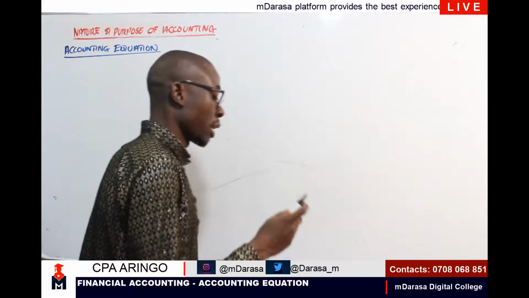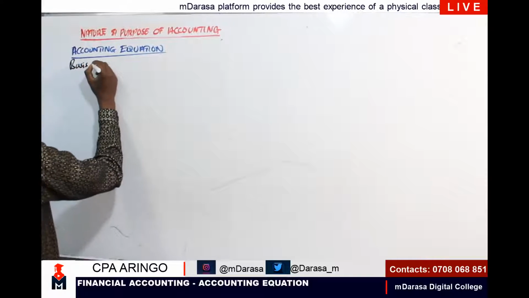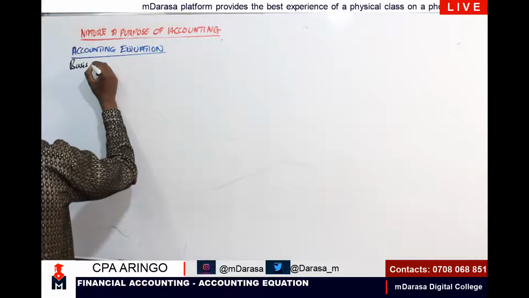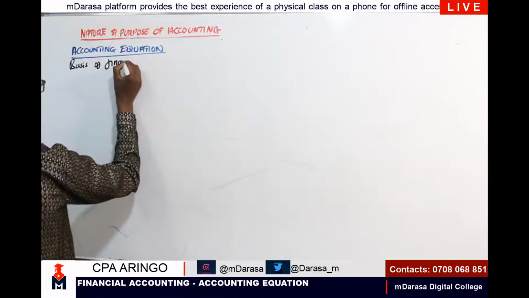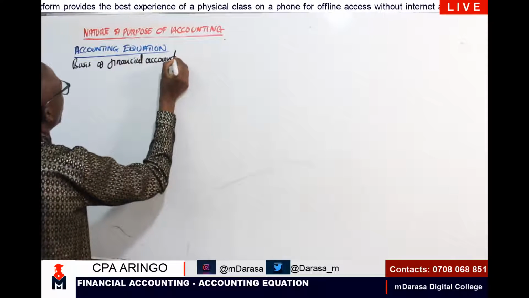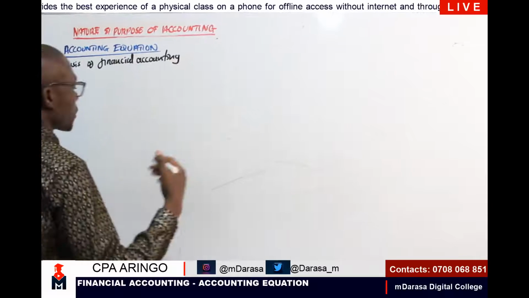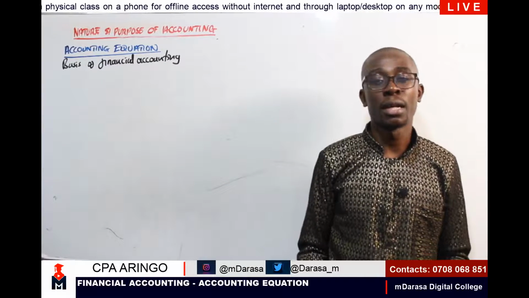When we are talking of the accounting equation, basically we are saying that this is the basis of financial accounting. At any given point you're talking of the accounting equation, this is the backbone of financial accounting, just in a very summary manner.